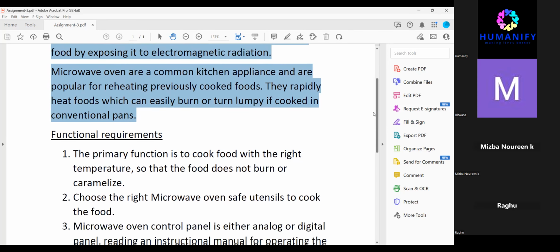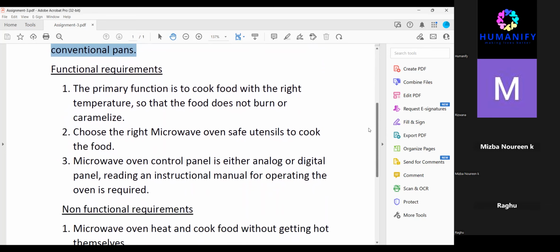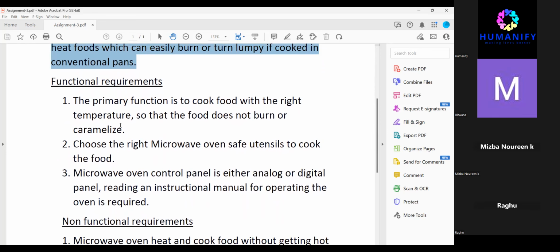And coming back to the functional requirements, can anyone tell me what are functional requirements and what are non-functional requirements? Before we get in here, can anyone volunteer?